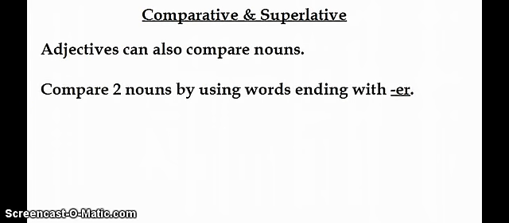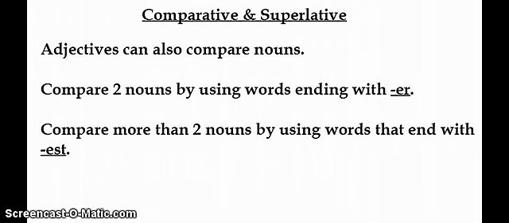Adjectives can also compare nouns. We usually compare 2 nouns by using an adjective with er on it. Like, the weather is colder than it was yesterday. I would be comparing 2 nouns, today and yesterday. We compare more than 2 nouns by using words that end with est.